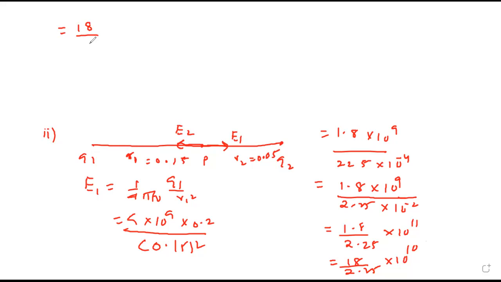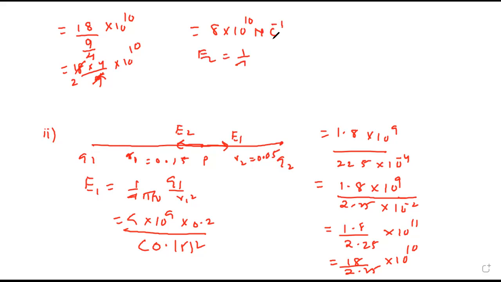Can we write 2.25 as 9 by 4 to make the calculation easy? If you can rearrange in that form, then we can do the calculation fast. So this is nothing but 18 into 4 by 9 into 10 raised to 10. 9 twos are 18. So we get 8 into 10 raised to 10 as E1 Newton per coulomb.